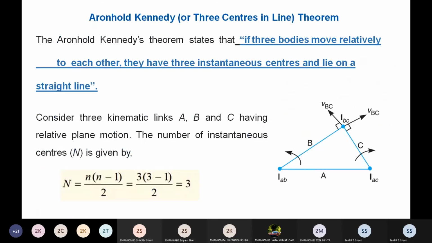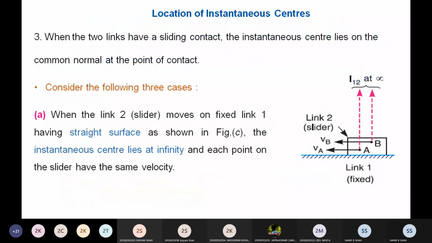Now, Kennedy's theorem, as we know already, we have already used the equation, and that equation we implement in Kennedy's theorem. Sometimes location of I center may also be asked in your exam.